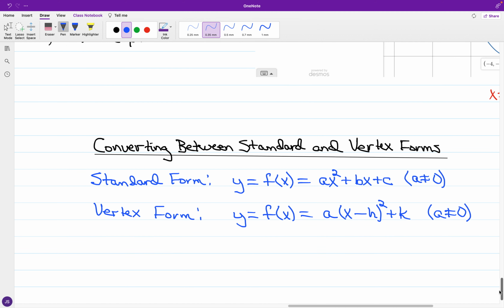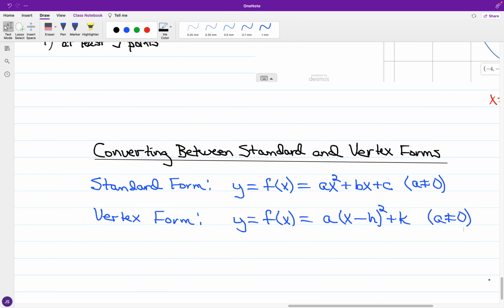Now, in terms of conversions, we'll look at converting from standard to vertex form.